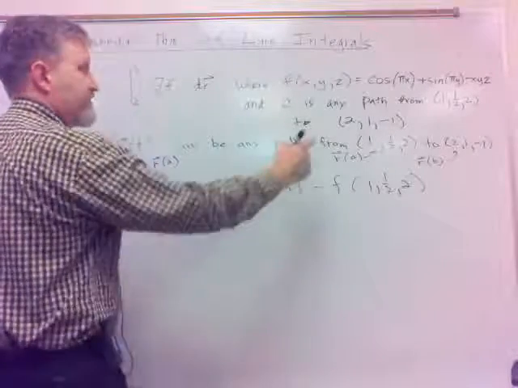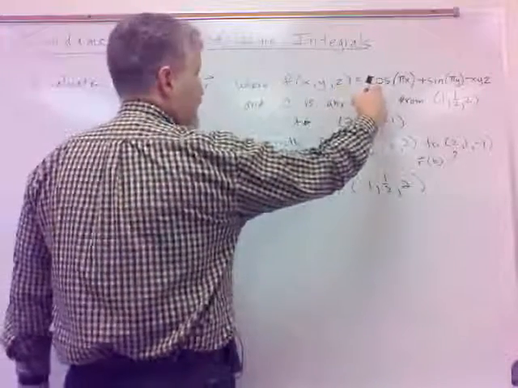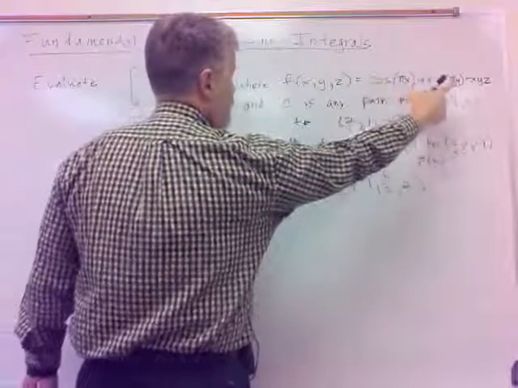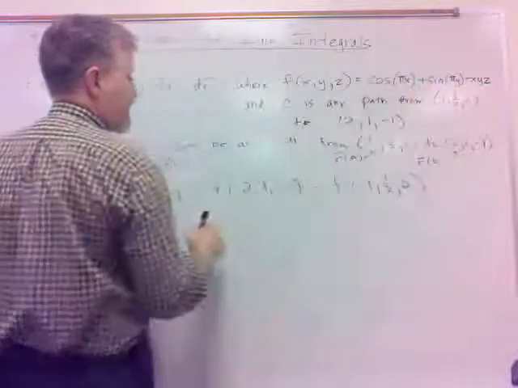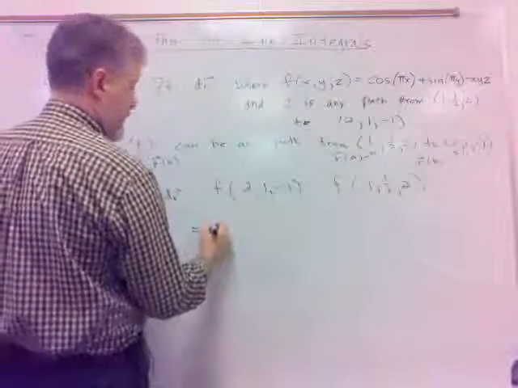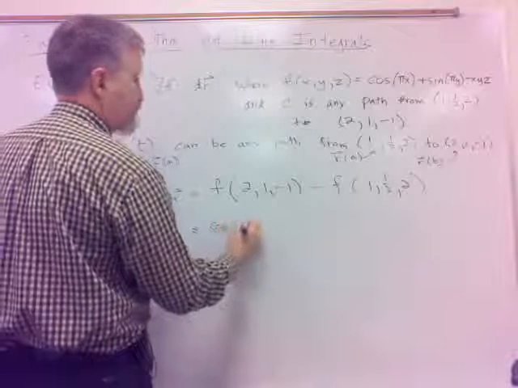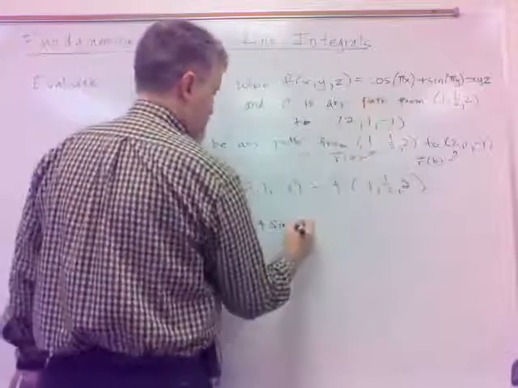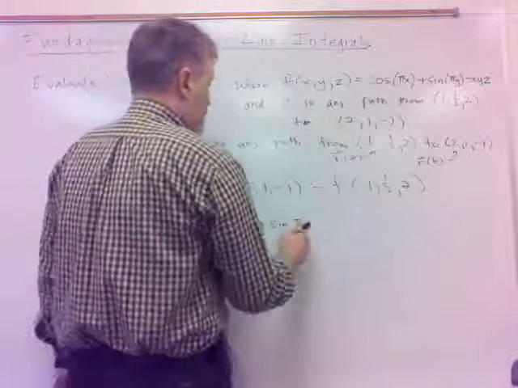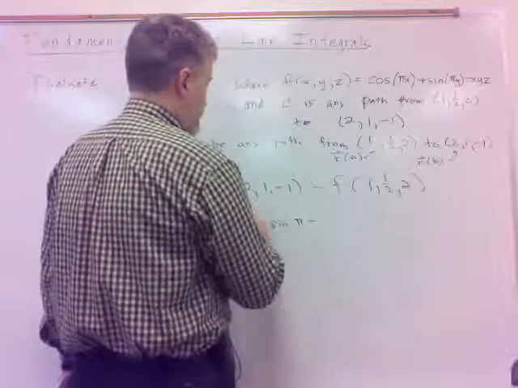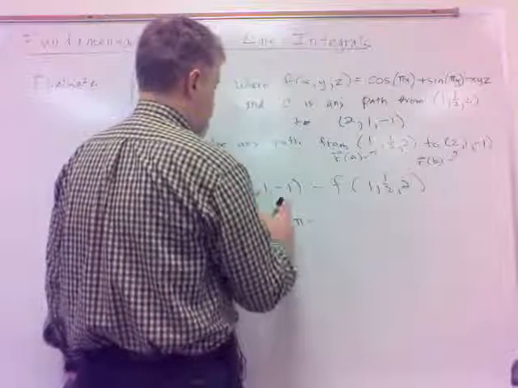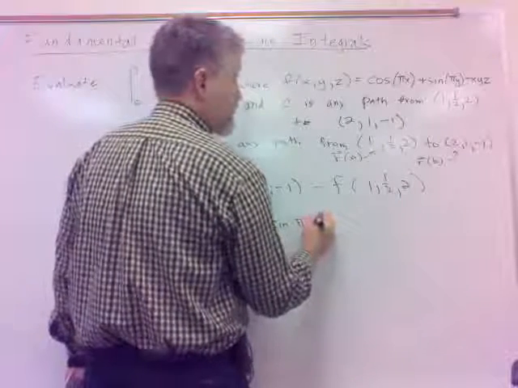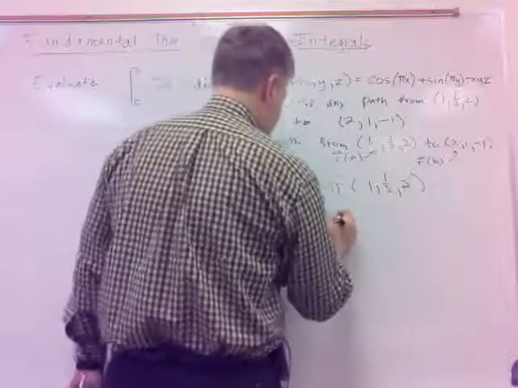So 2 for x, 1 for y, -1 for z, so that would be cosine of 2 pi plus sine of pi times 1 minus x times y times z, so that would be minus of negative 2, so plus 2.